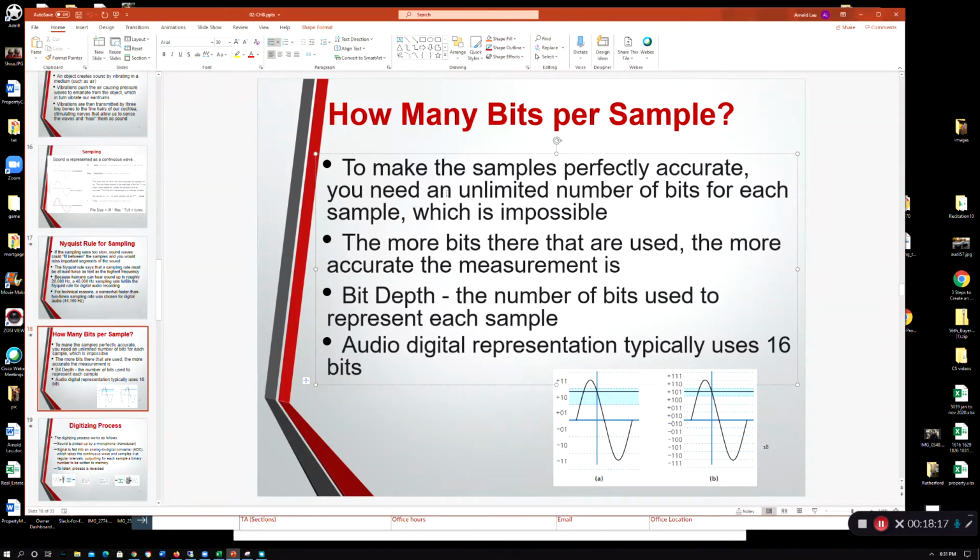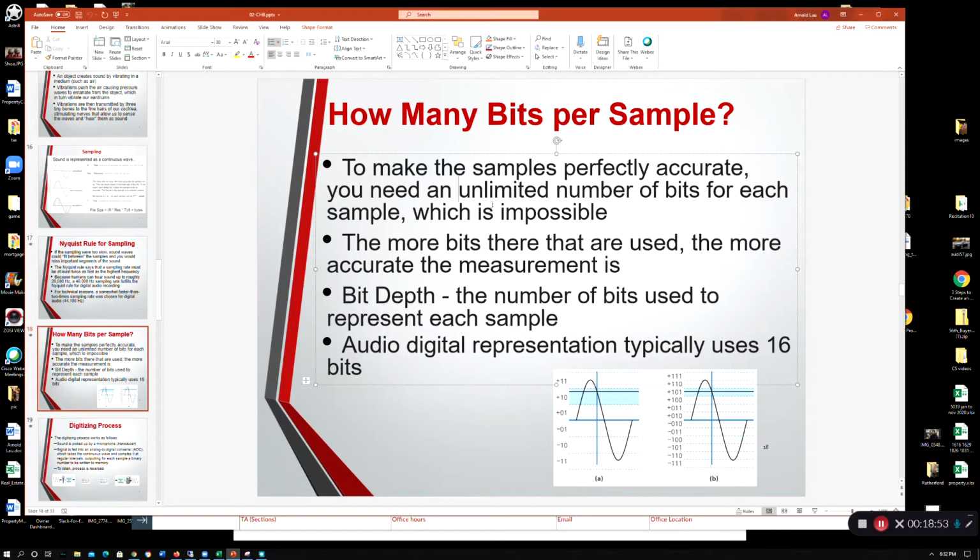Here we're saying an audio digital representation usually uses about 16 bits. So 16 bits, that's 2 to the 16th. For most uses, that's pretty good resolution. As you can see up here, the point says if you really want to get an accurate sample, you're going to basically almost get to unlimited bits for a sample.